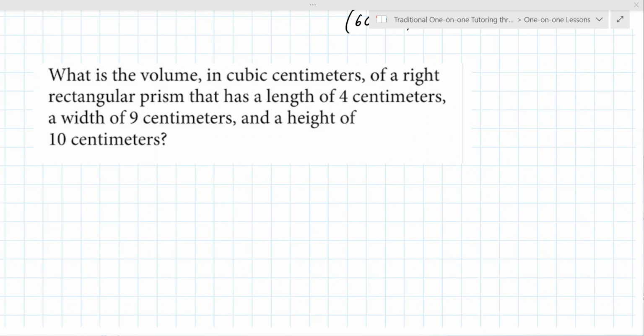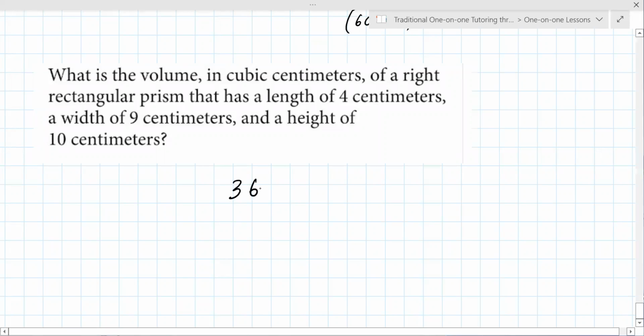It has a length of 4 centimeters, 9 centimeters width, and height of 10. 4 times 9, 36 times 10 is 360. Yes, 360 centimeters cubed. Okay, good.